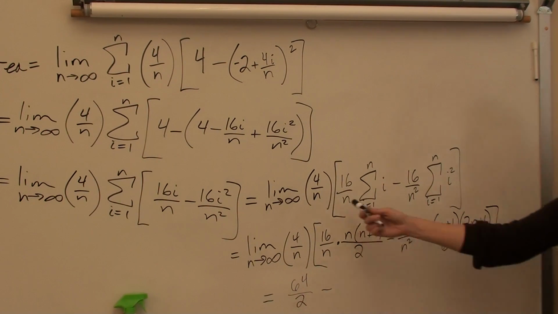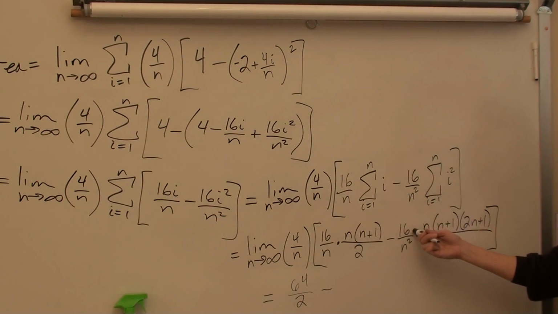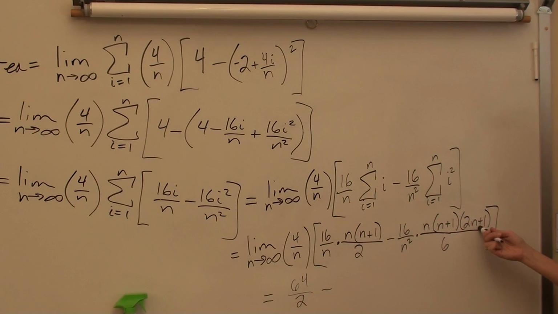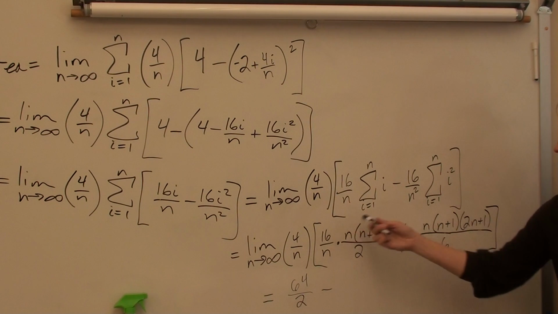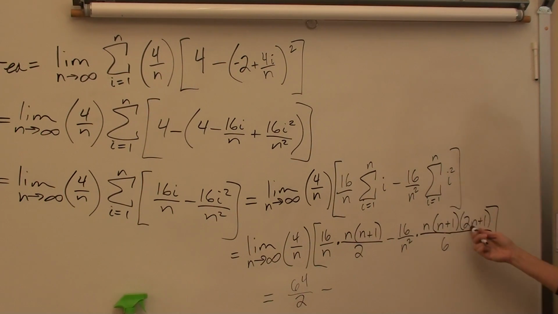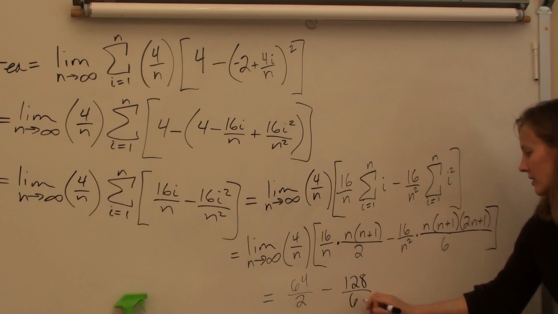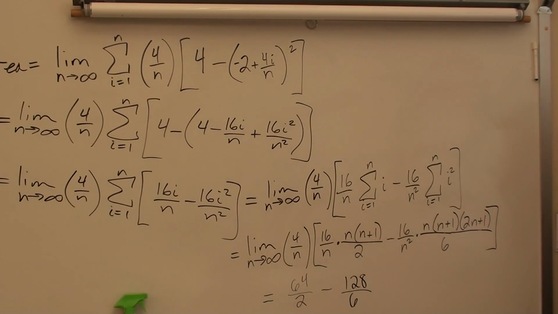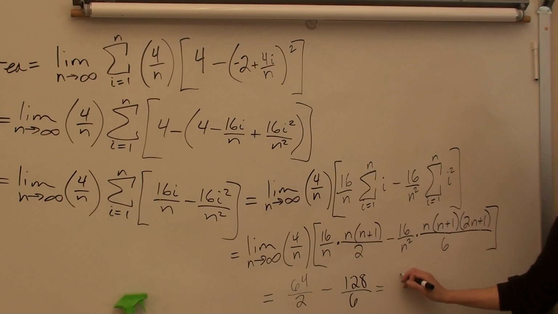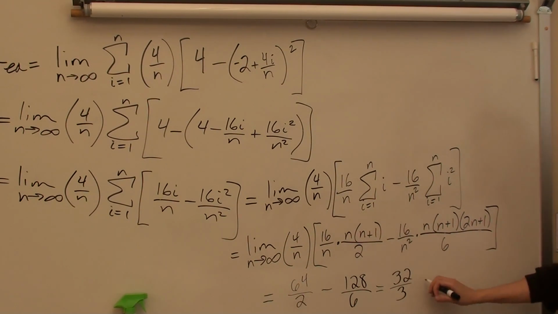So our leading coefficient is 4 times 16 times 2, the coefficient of all the n's. So it's 64 times 2, 128 over 6. And that equals 32 thirds, or 10 and 2/3.